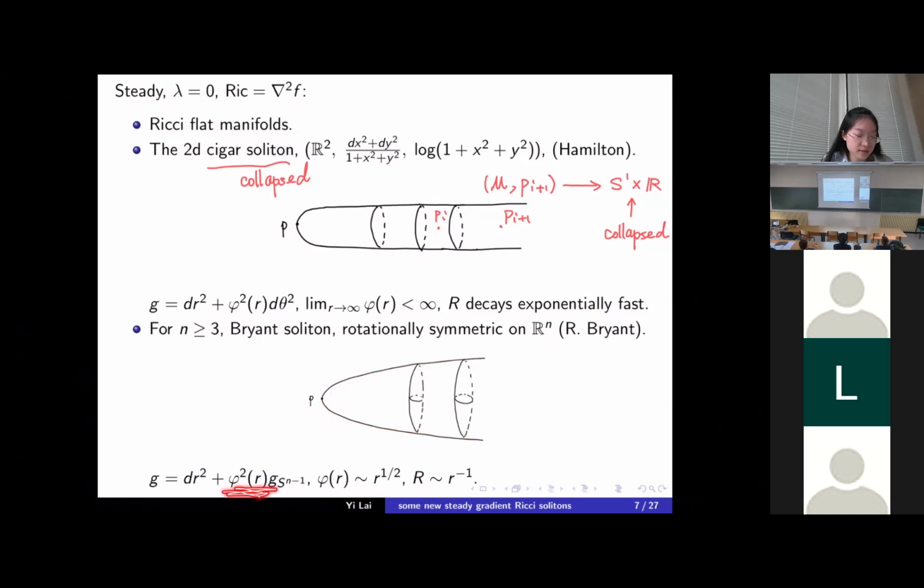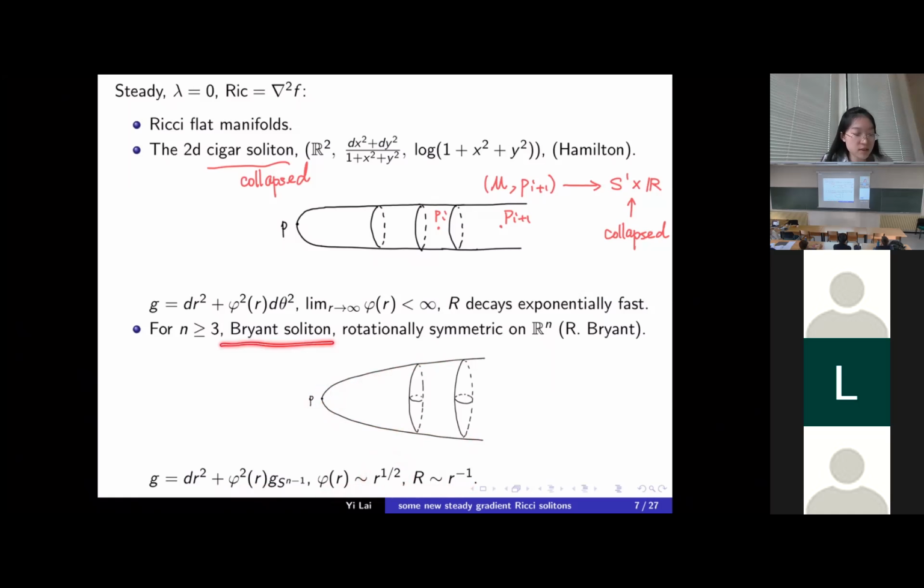So if you write down the metric as a warped product metric, then this warping function increases like square root of r, and equivalently speaking, the scalar curvature decays like 1 over r. So you have a linear curvature decay. Okay, so this is for the Bryant soliton.